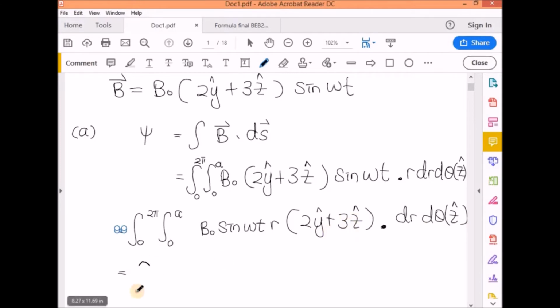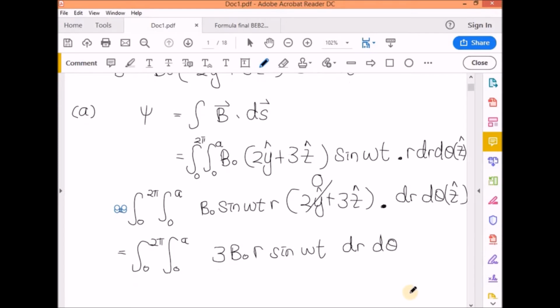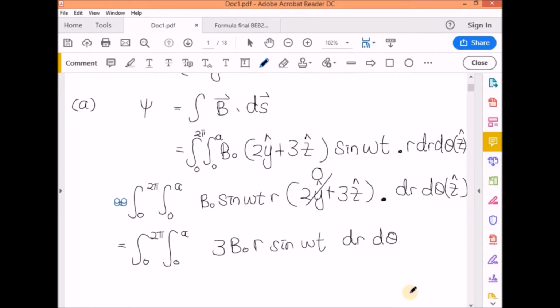So you are left with 3 B naught sine omega t, because this one is 0 already. When you dot product with z, you get 1. So you will have dr d theta, and then only you can start solving your double integration.